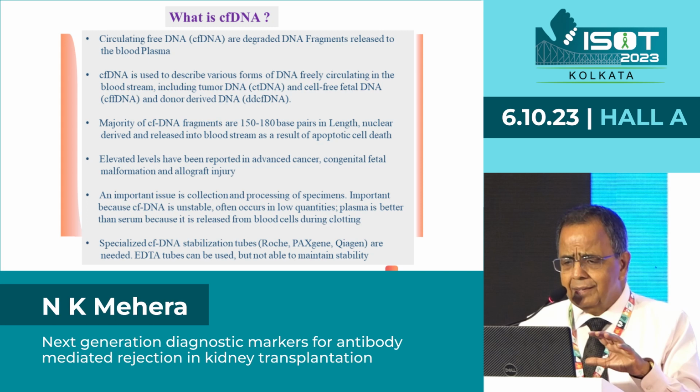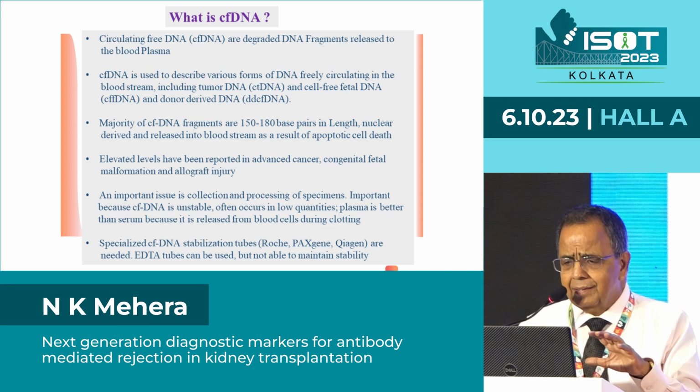The majority of the cell-free DNA fragments are small, 150 to 180 base pairs, and they're released in the bloodstream as a result of apoptotic cell death. Elevated levels of cell-free DNA have been reported in cancer, in congenital fetal malformation, and now also in allograft injury.